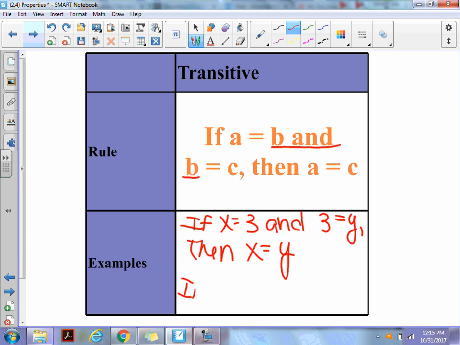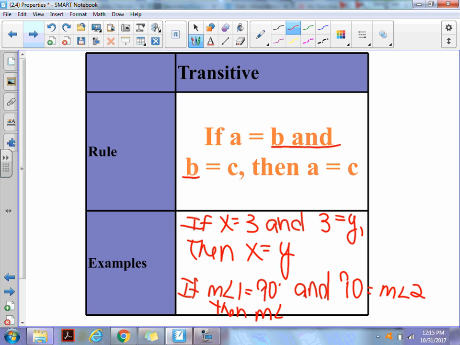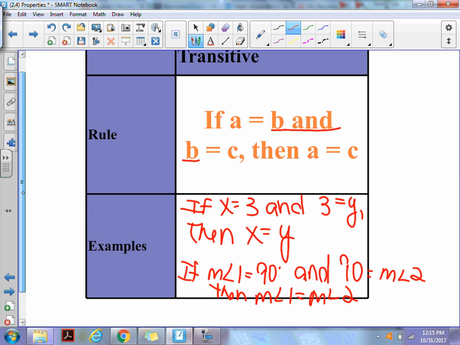Geometrically, if the measurement of angle 1 is equal to 90, and 90 is equal to the measurement of angle 2, then the measurement of angle 1 has to equal the measurement of angle 2. They're the same thing. Again, you can see they have 90 on either side of the word and. Questions?